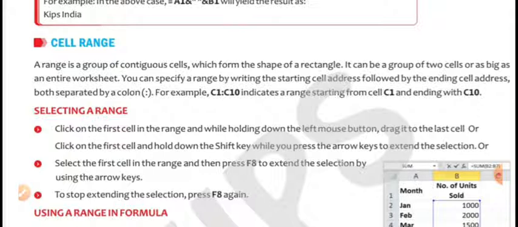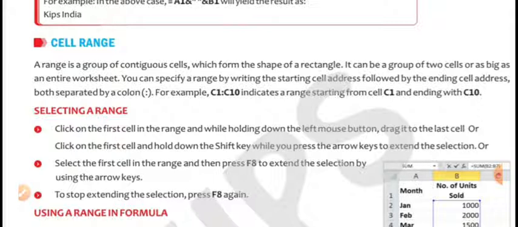Then hold your shift key on your keyboard, and after that press shift plus arrow keys, either left side, right side, up side, or down side. Whatever side you want the selection, you can go, but you have to hold the shift key till the selection gets over.